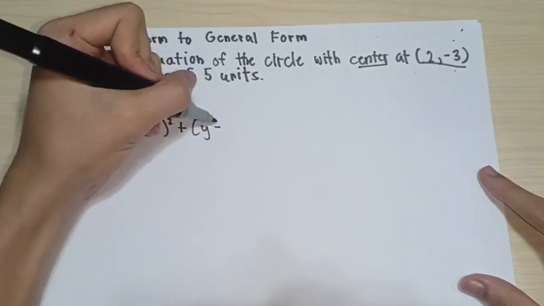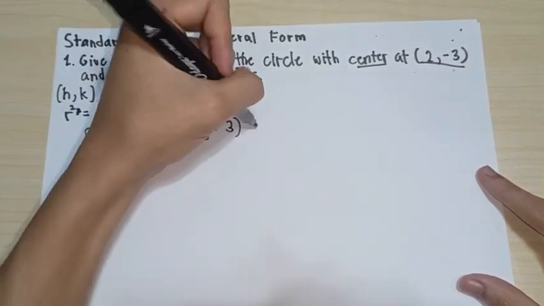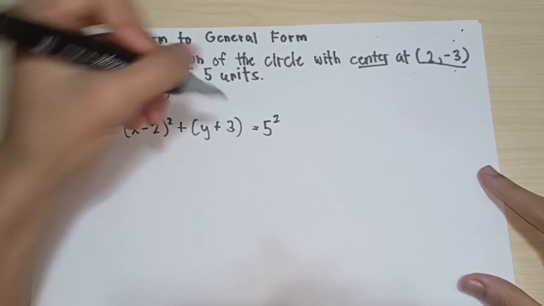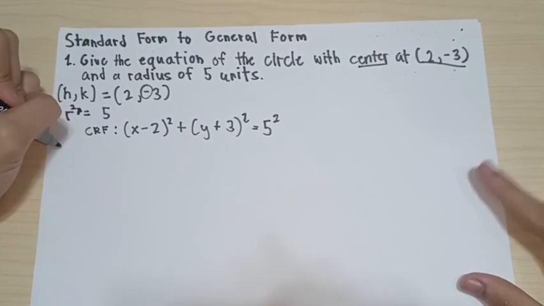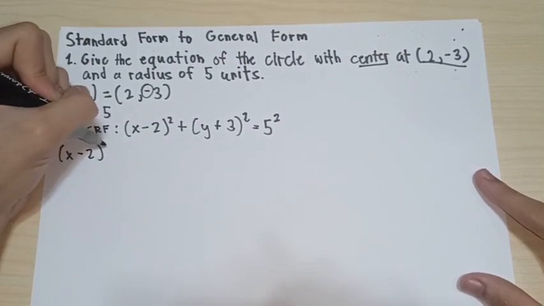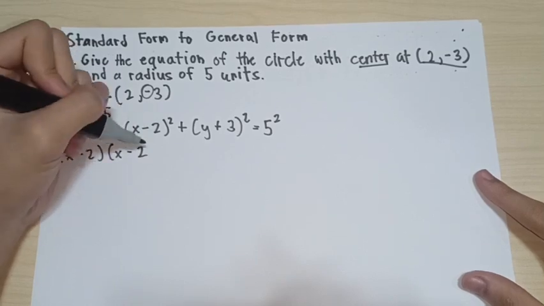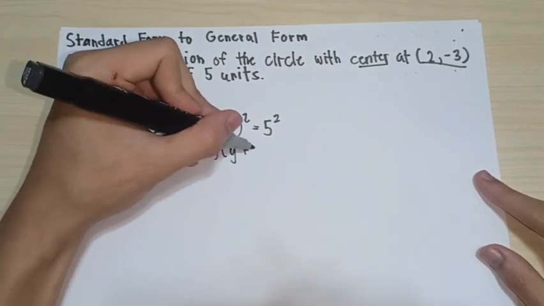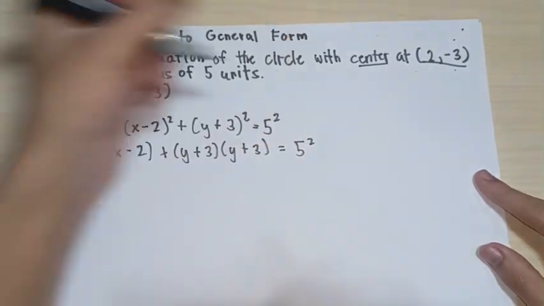To our CRF, x minus 2 squared plus y plus 3. I forget the square in there. Now let's expand. Okay, so go on. X minus 2 plus x minus 2 plus y plus 3 parenthesis y plus 3 parenthesis equals to 5 squared.